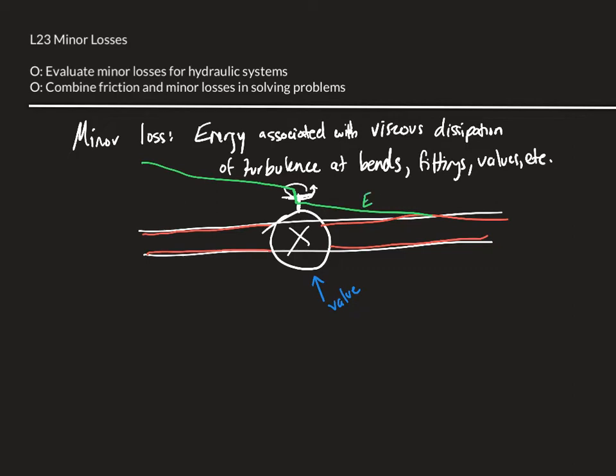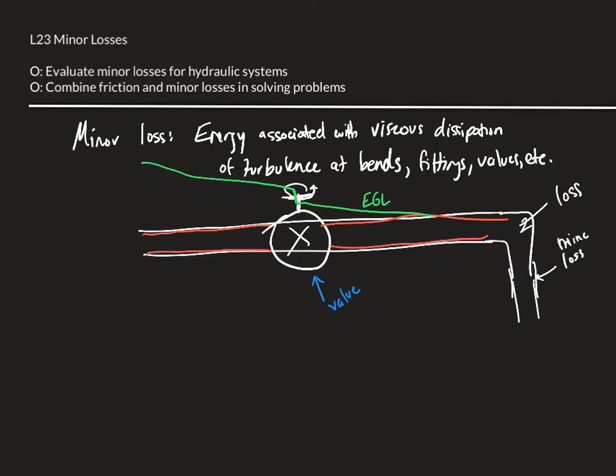This is the EGL. Okay, so anytime there's a valve, a fitting, if this pipe were to bend, if there was a bend right here, there would be a loss right here. Really anything that could possibly happen. If this pipe ended and there was another pipe right here, it's kind of like an irregularity, so there would be a minor loss here as well.